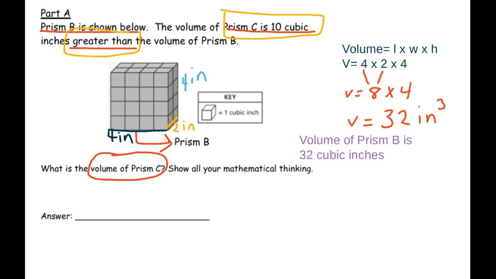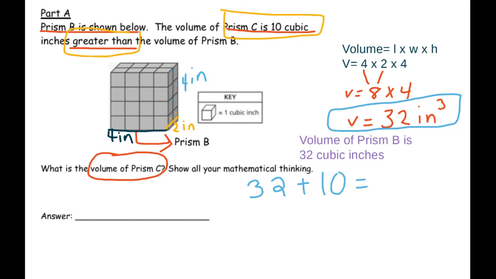So let's go ahead and add that together. So I'm going to add the volume of prism B, which is 32, and I'm going to add it to 10. All right, and then I could do 32 plus 10, and that gives me 42.